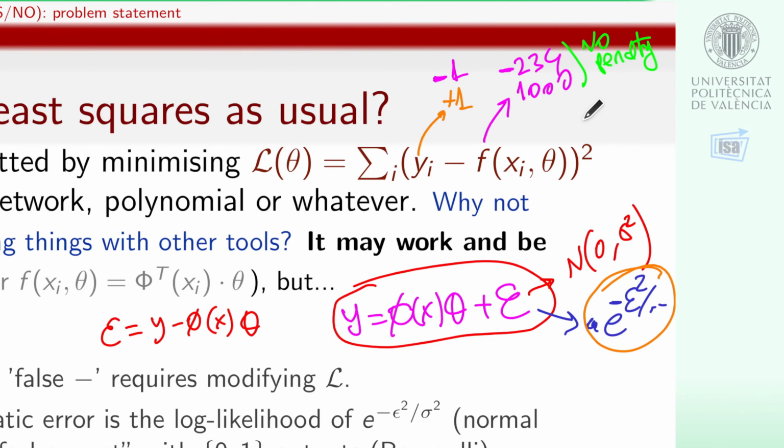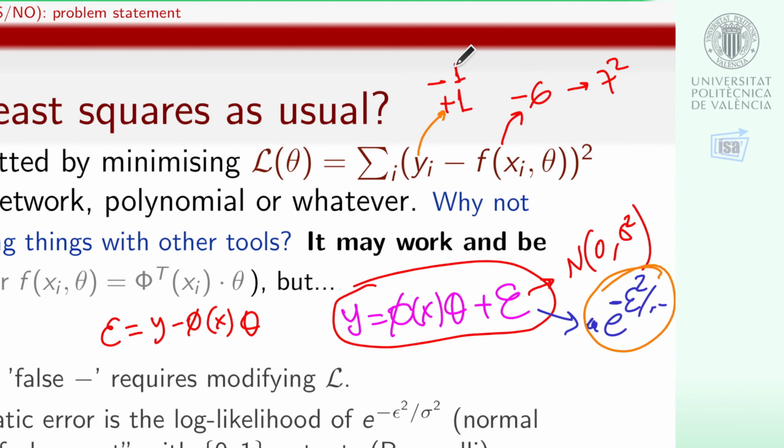But on the other hand, if my training sample were +1, but this f for my given parameters were -6, then maybe I wish to add penalty because this is a wrong fit, and the difference will be 7 squared, for instance. Or if I had -1 as my training sample output, and with the current values of my parameters I had +0.5, then I would like to add 1.5 squared penalty.